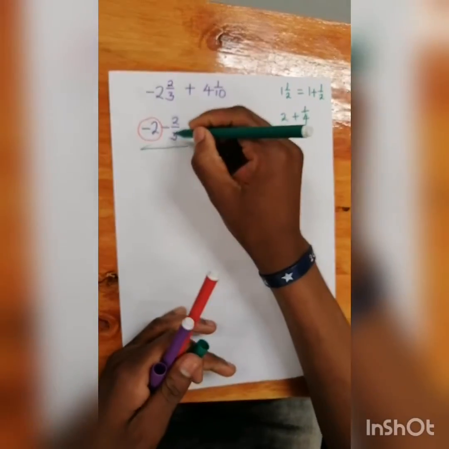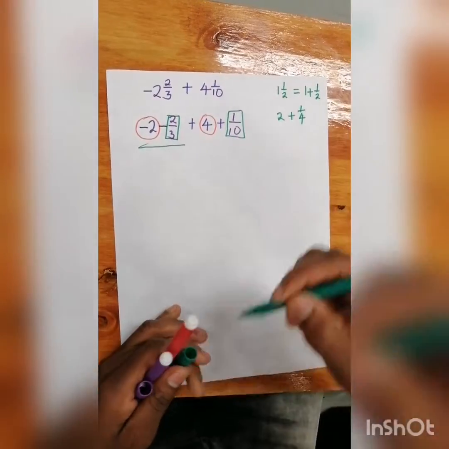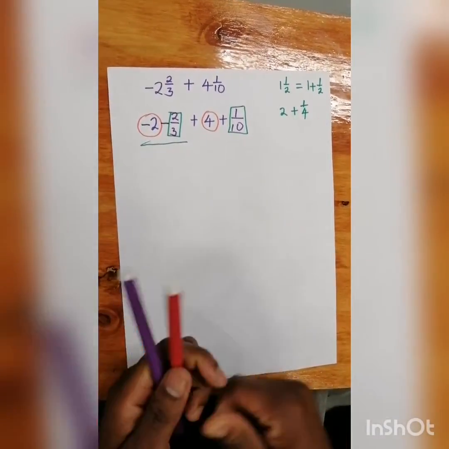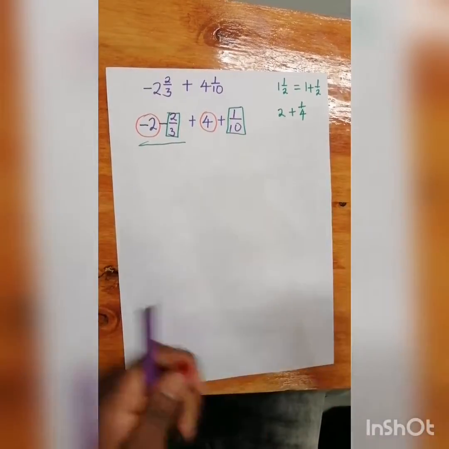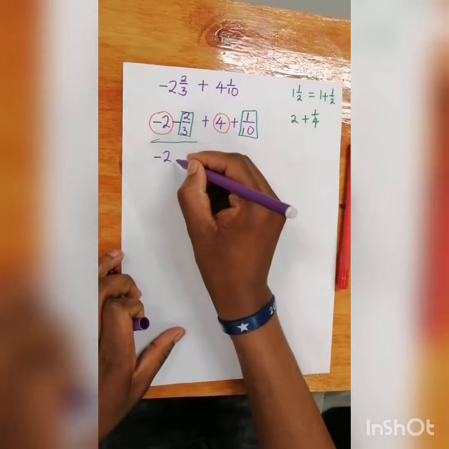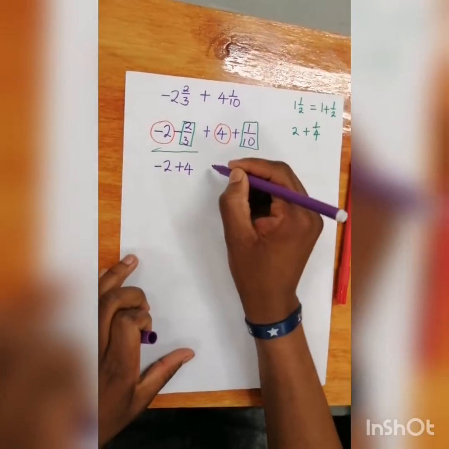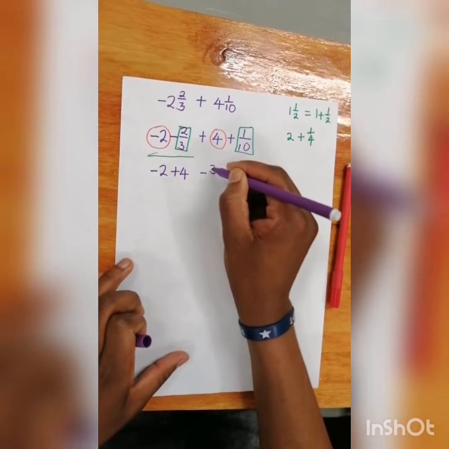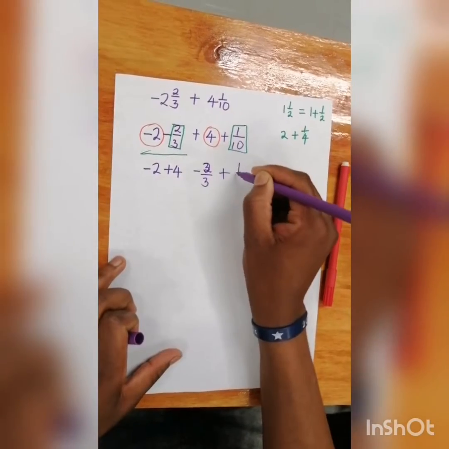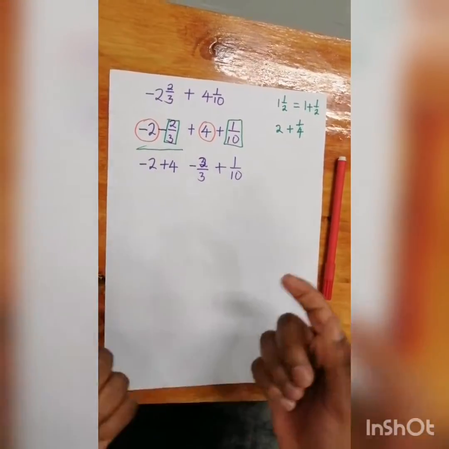So this is negative 2 plus 4, then the other one is negative 2 over 3 plus 1 over 18. Whenever you are working with this, just be considerate of the signs.